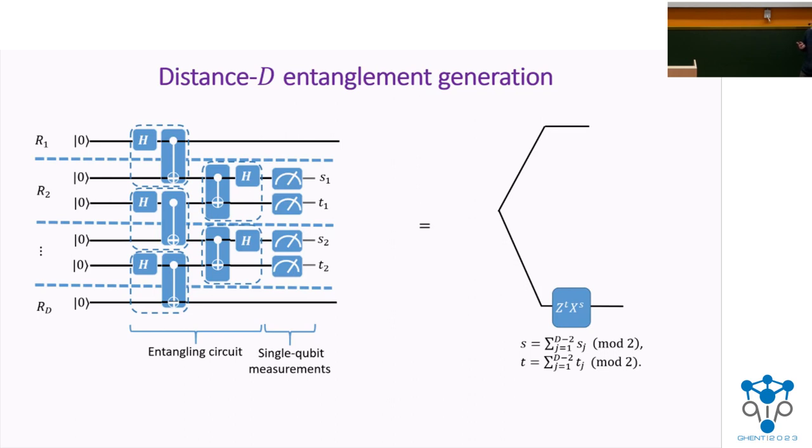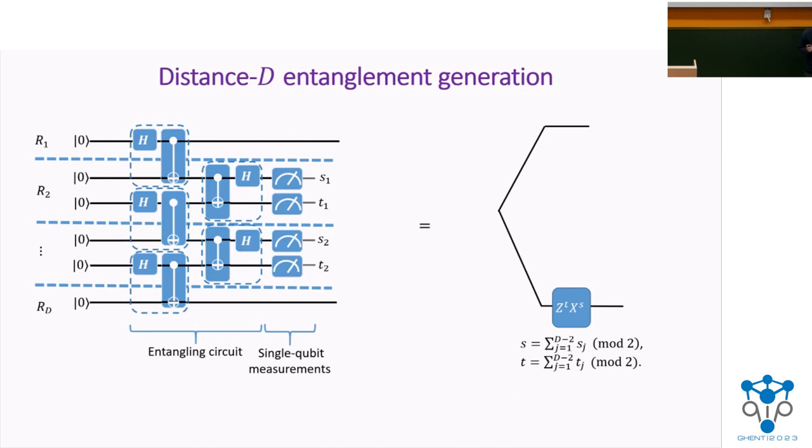One is that the depth of the entangling circuit is constant, meaning that it does not grow in terms of the distance d. The other property is that we only allow 2 qubit gates within repeaters or between nearest neighbors. So for example, here we have CNOT gates between R1 and R2, or 2 qubit gates like this one within this repeater station R2.